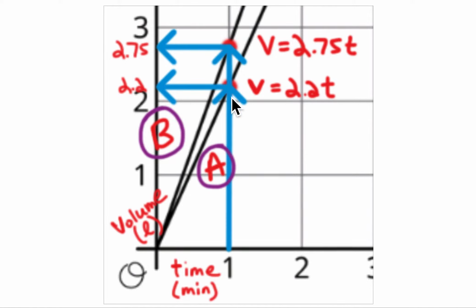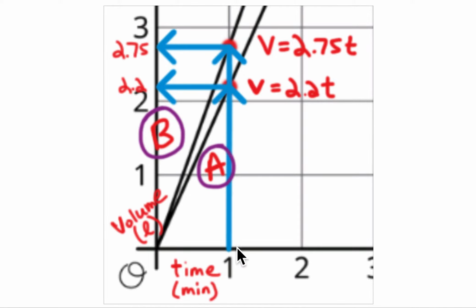So notice that for tank A, the vertical measure, the number of liters, is 2 2/10 times the horizontal measure. So this is 1 unit, so it's 2 2/10 of 1 unit, or 2 2/10.